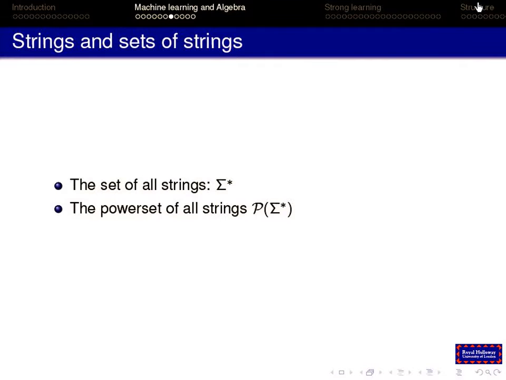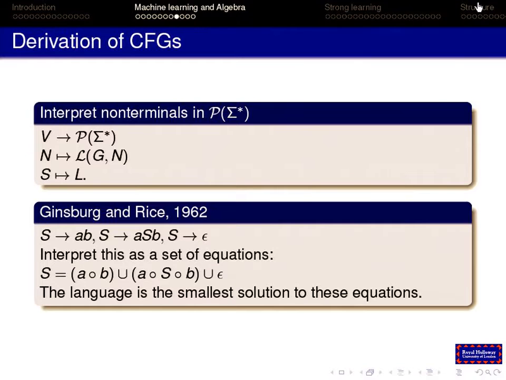Now, one of the ways we can use this structure is to interpret context-free grammars. We tend to think of context-free grammars in one of several ways: as a machine model using a push-down automaton, as a rewriting system, or as a system of well-formedness on trees. There's another way, due to Ginsburg and Rice, where you have an equational semantics, where we interpret each non-terminal as being a set of strings.